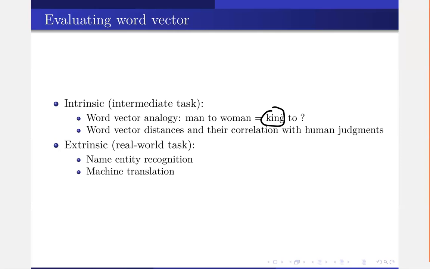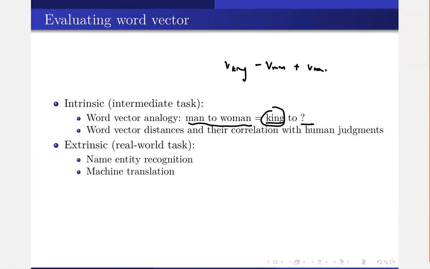So we can do an analogy, something like from man to woman, what will king become? To do that, think of it like we have the representation VK here, and let's say we compute VK minus V man plus V woman.